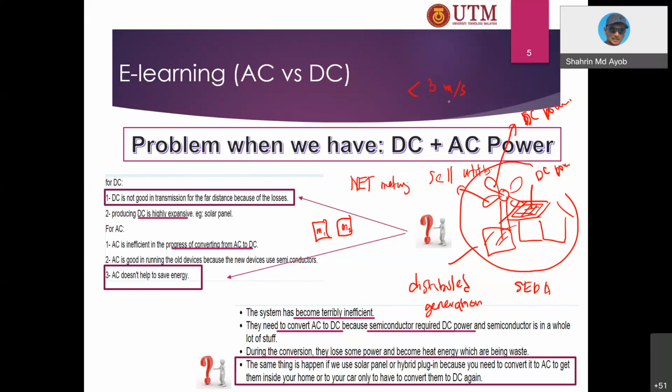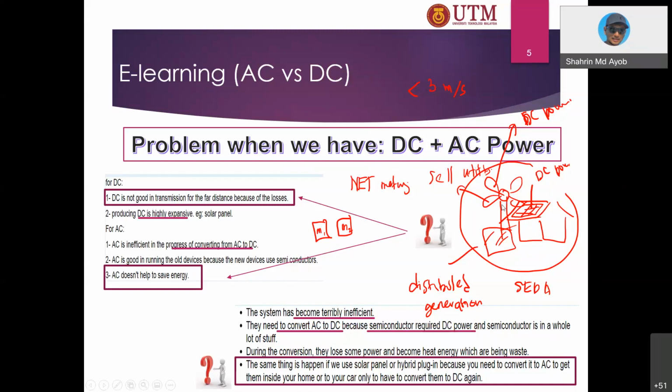But based on the study in Malaysia, usually our wind speed is lower than this velocity. So it is not very suitable for Malaysia. But for countries like Denmark, Germany, Sweden, and so on, their wind velocity is very high. That's why they are generating their electricity using wind turbines.